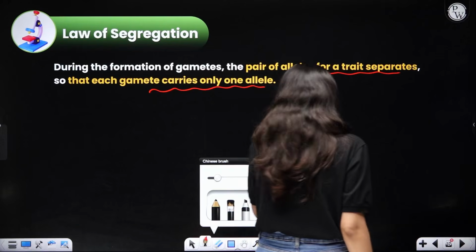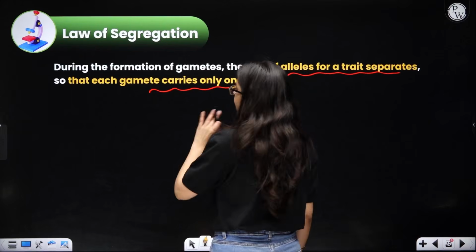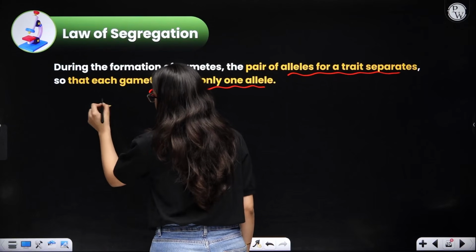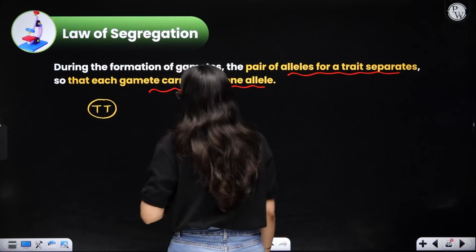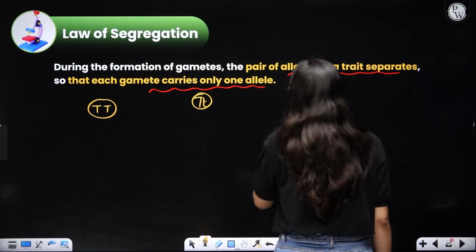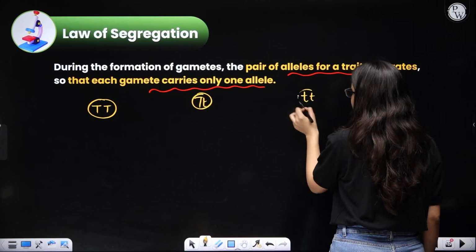Now ma'am, this seems very confusing. Not to worry. Let us take an example. Let us say we have a particular genotype capital T, capital T. Let us say we have a genotype capital T small t, that is heterozygous, and let us say we have homozygous recessive.